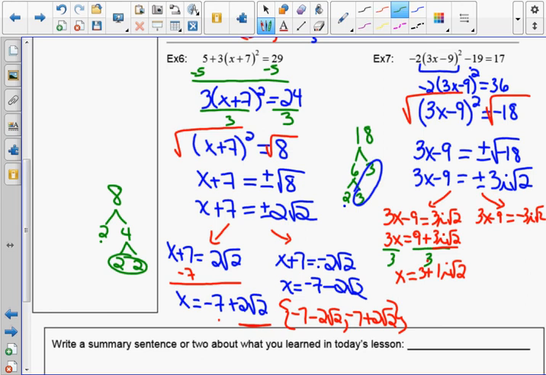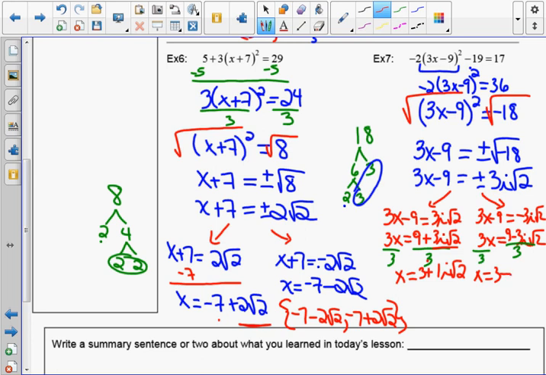So we're going to add the 9. So we're going to have 3x equal to 9 minus 3i radical 2. And again, we're going to divide both sides by the 3 to get the x isolated. So when we do this, we're going to divide the 9 by the 3, and you also have to divide the 3i radical 2 by 3.